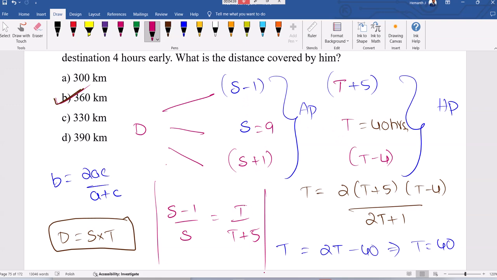You know the T value is 40 and this is 45. So 40 divided by 45. If you cross multiply and solve, S will be equal to 9. This is 8, this is 9. Then distance is speed into time, 40 into 9, 360 kilometers.